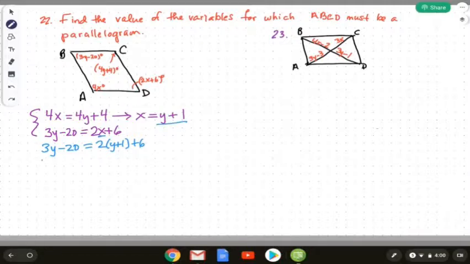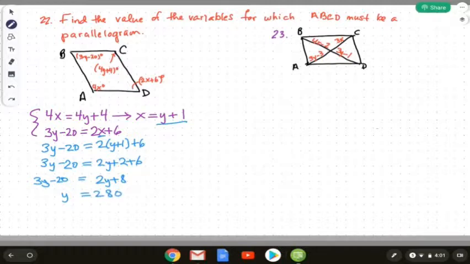So 3y minus 20 equals 2y plus 2 plus 6. So 2y plus 8 equals 3y minus 20. This is going to give me y equals 28.